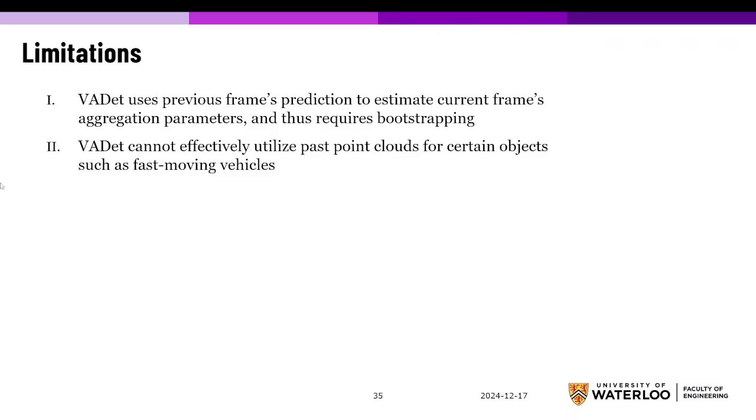This is particularly the case for fast-moving objects, where, as shown in the previous example, we're not really aggregating that much, which means we're not really using any of the past information. This can be addressed by some other more involved method that tries to utilize those past point clouds in some other ways.